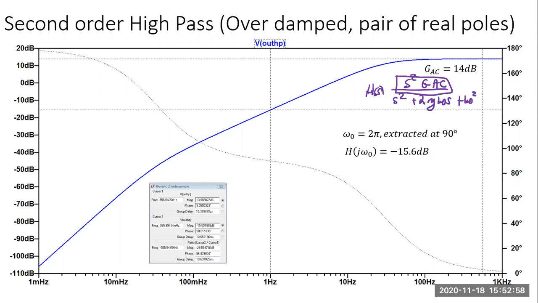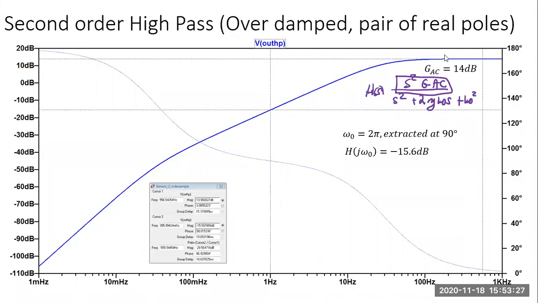So Rudy, your question about looking at where the phase is minus 45 for first order and minus 90 degrees for second order: yes, that's where you're picking up omega naught. But for a high pass filter, it's plus 45 and plus 90.